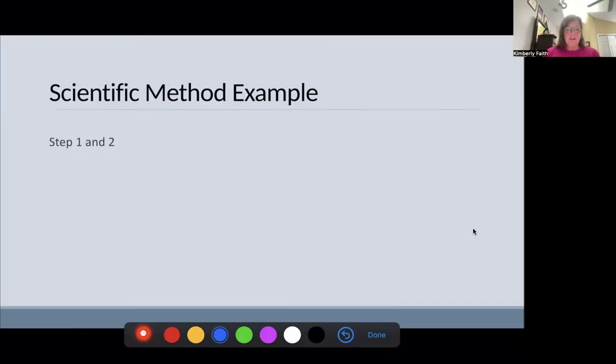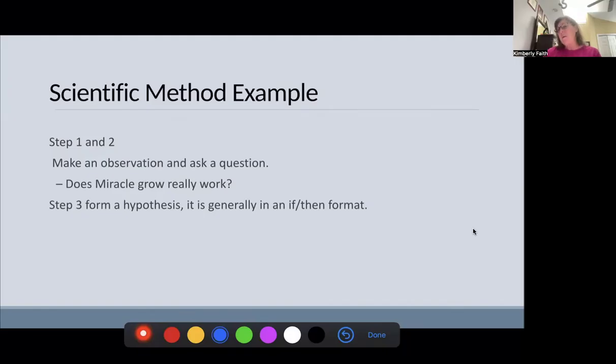So the first thing we're going to do for steps one and two is, again, make that observation and ask a question. I'm just going to use this example of Miracle-Gro. Does Miracle-Gro really work, or am I wasting my money on fertilizer for nothing? So next I'm going to come up with a hypothesis. If you have a hard time, you can use if-then for the hypothesis or the prediction.